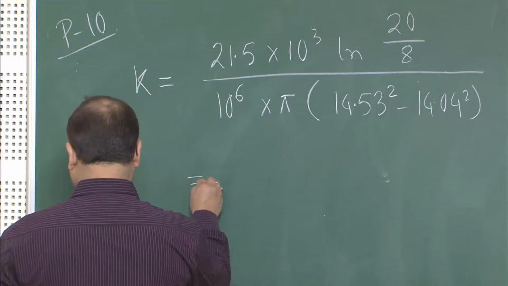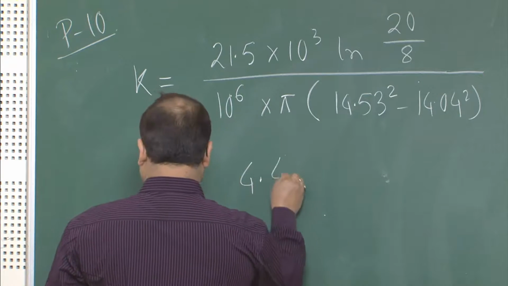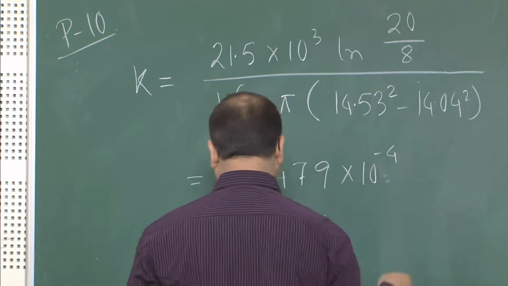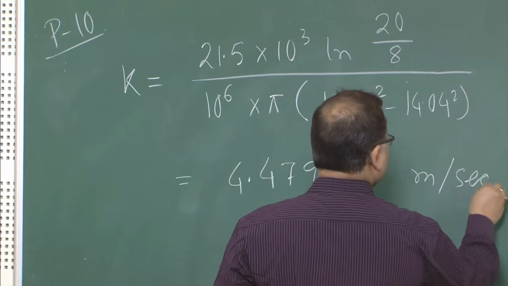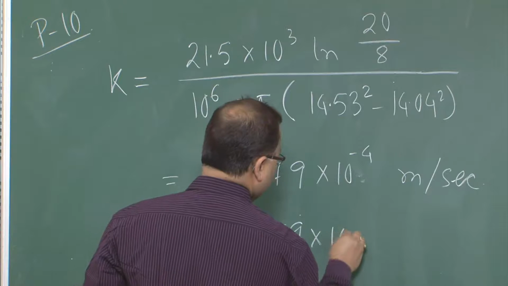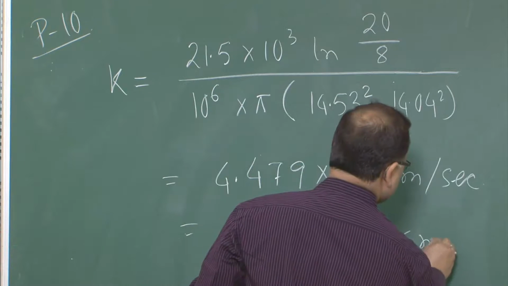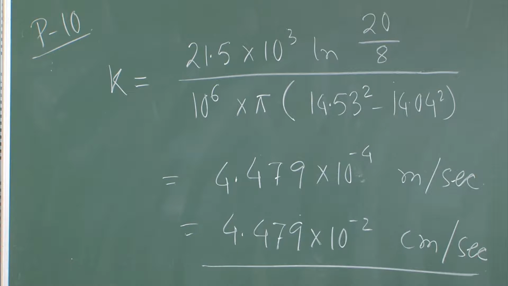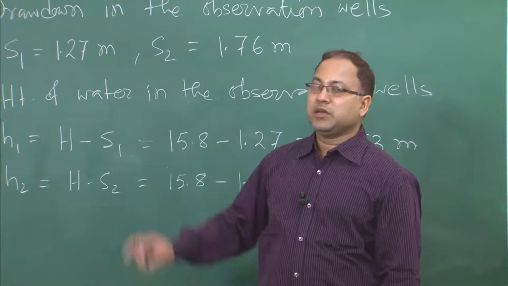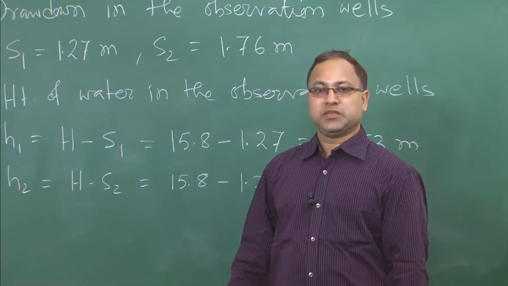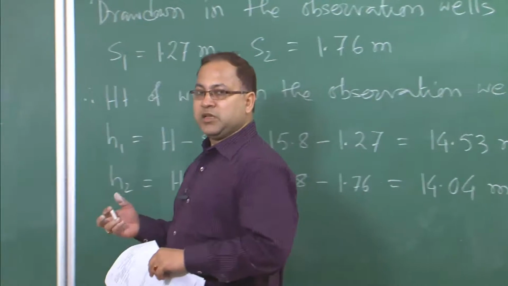This gives me 4.479 into 10 to the power minus 4 meter per second, which is nothing but 4.479 into 10 to the power minus 2 centimeter per second. So, from your field experiment through the wells, you have got the permeability available in the field as 4.479 into 10 to the power minus 2 centimeter per second. I hope that you have understood how we can proceed with this kind of problem.